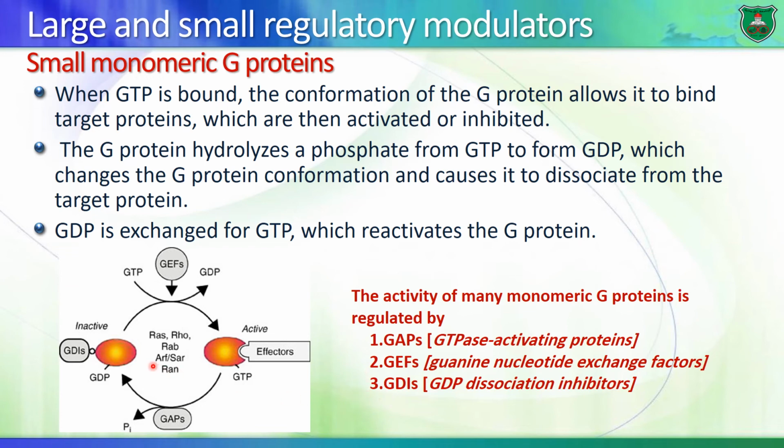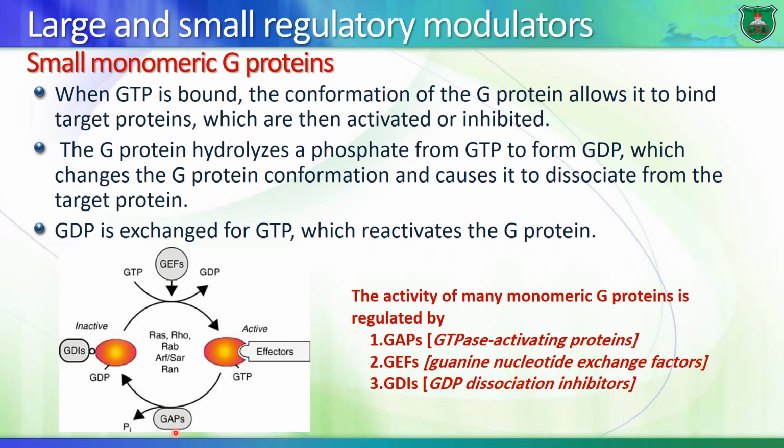So what do these do? The guanine exchange factors bind to the monomeric proteins and facilitate the release of GDP and binding of GTP instead, activating these proteins.